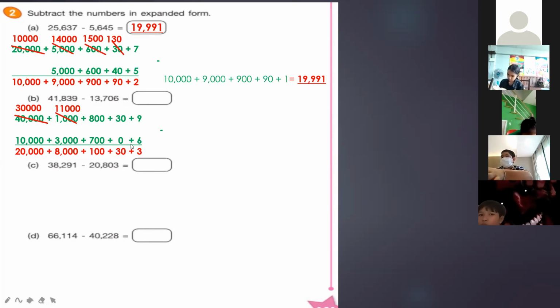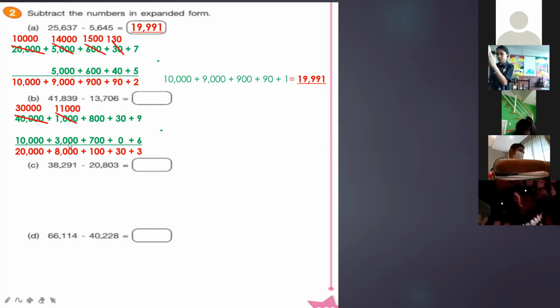So we're going to start subtracting from the ones place. So 9 minus 6 is 3. 30 minus 0 is 30. 800 minus 700 is 100. And in the thousands place, 1,000 is smaller than 3,000, so we have to borrow from 40,000.